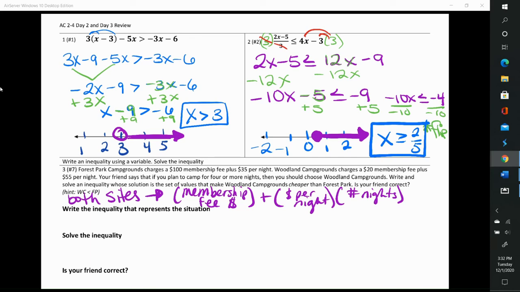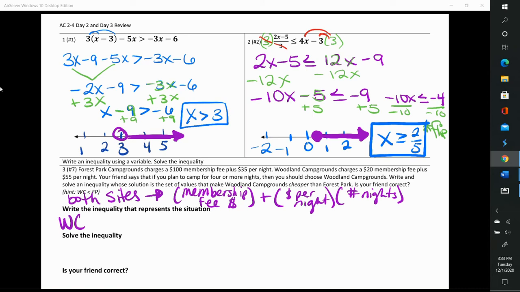Your friend says that if you plan to camp for 4 or more nights, then you should choose woodland campgrounds. So let's ignore that part for now. We'll determine that at the end. We want to write and solve an inequality whose solution is the set of values that make woodland campgrounds cheaper than Forest Park. So I'm giving you a hint here.